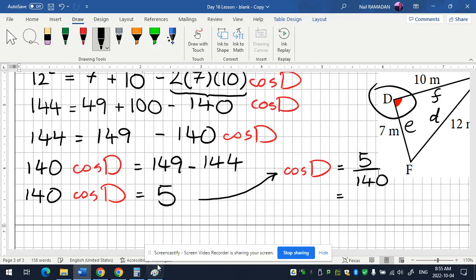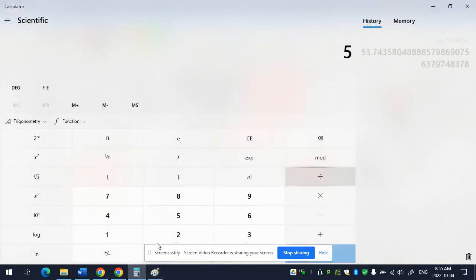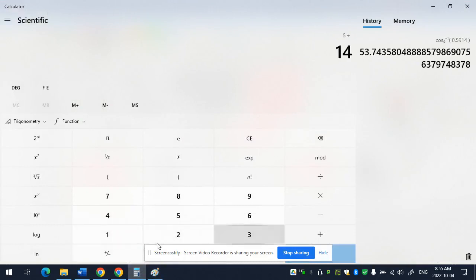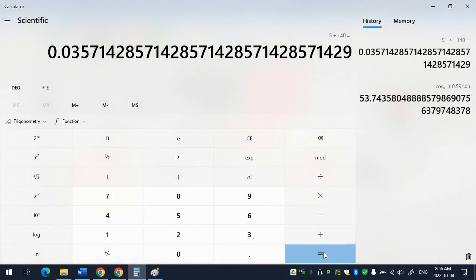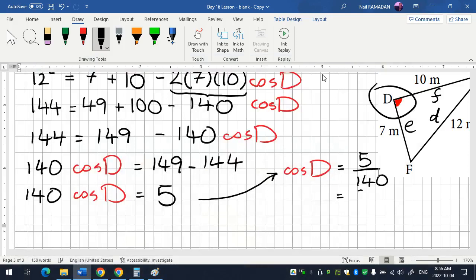That's a very small decimal. 5 divided by 140 is 0.0357. Is this my angle or the cosine of it?